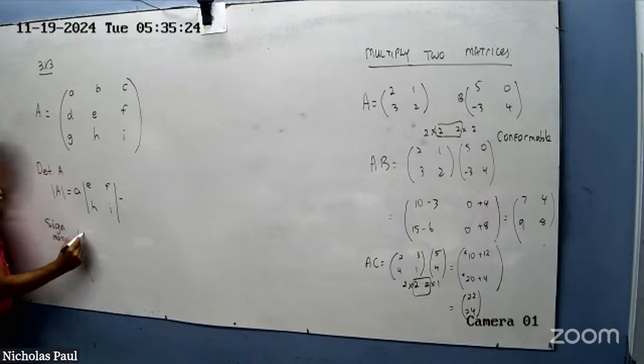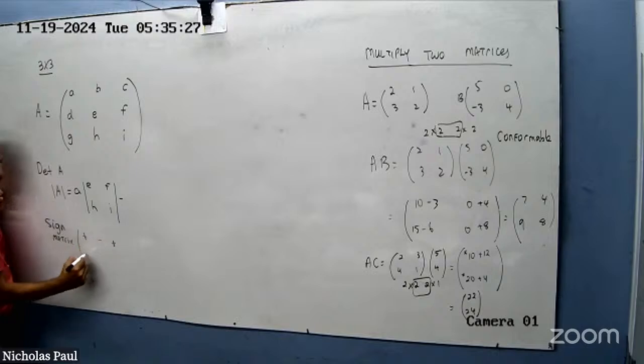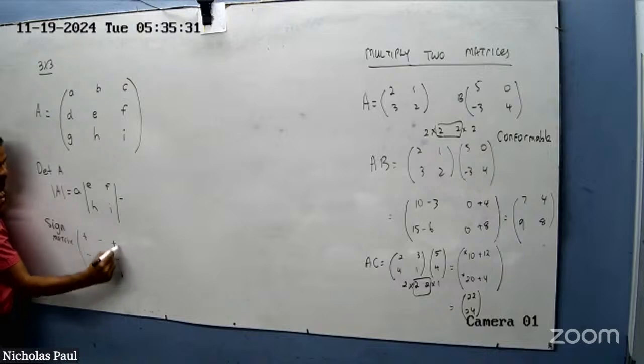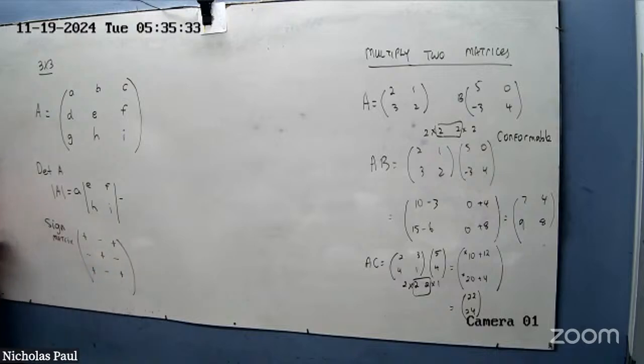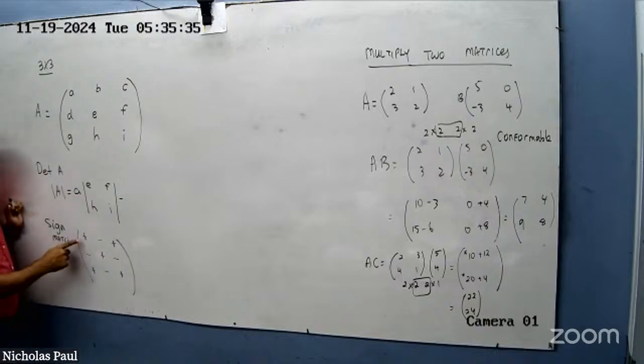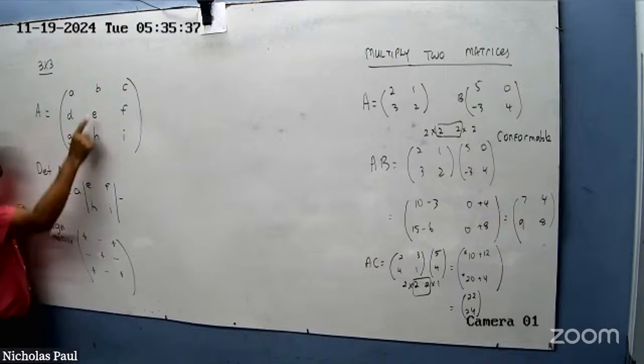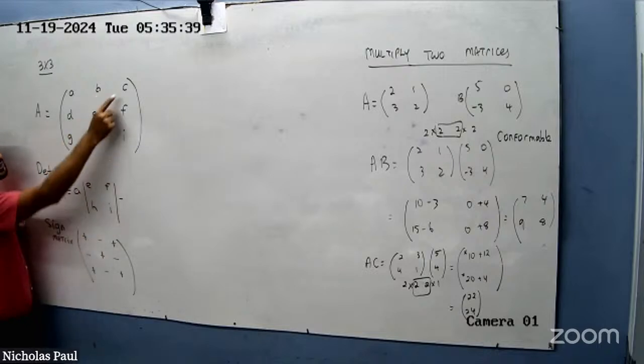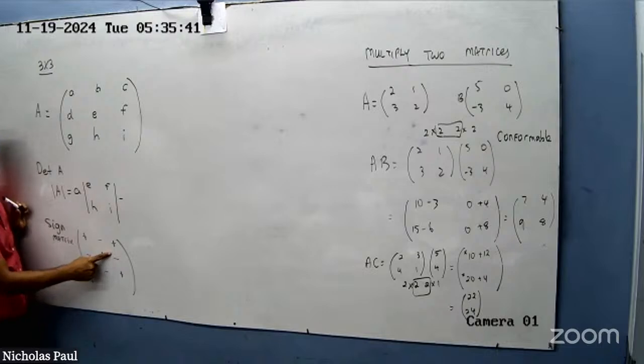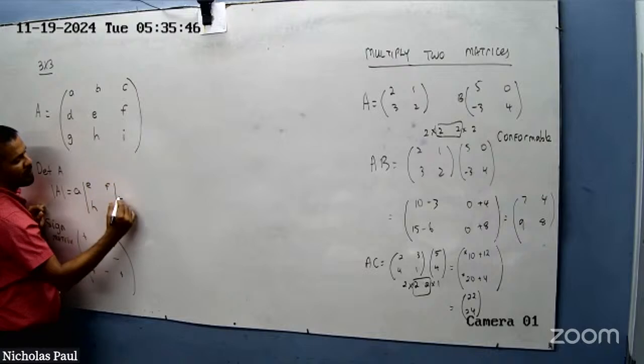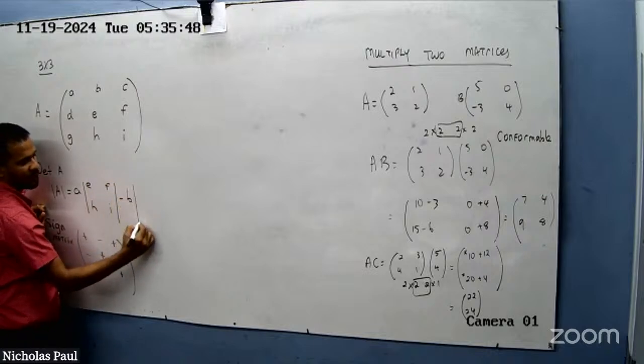Plus, minus, plus, minus, plus, minus, plus. So A goes with a plus, B goes with a minus, C goes with a plus. So I put in minus B by the determinant of its minor.